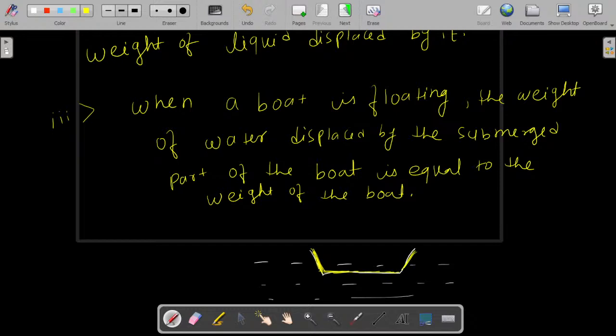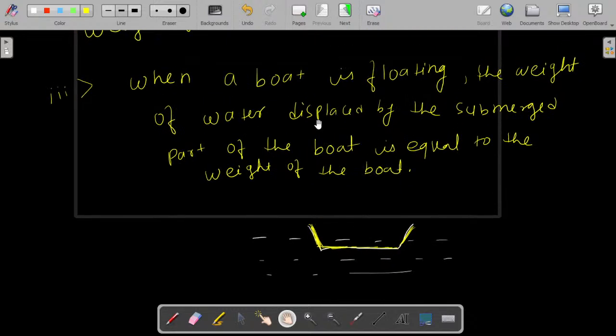When a boat is floating, how does it displace the water? Here water is not there. At this side there is no water. It displaces the water at this side. That's why it goes down here. And it displaces that much only water.